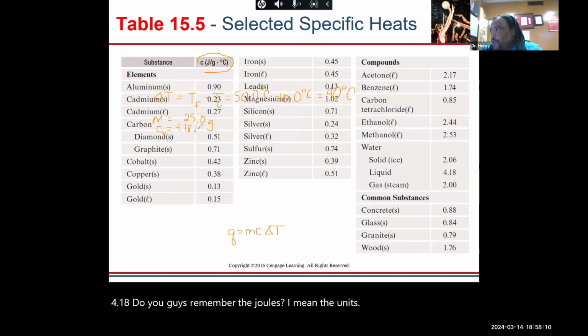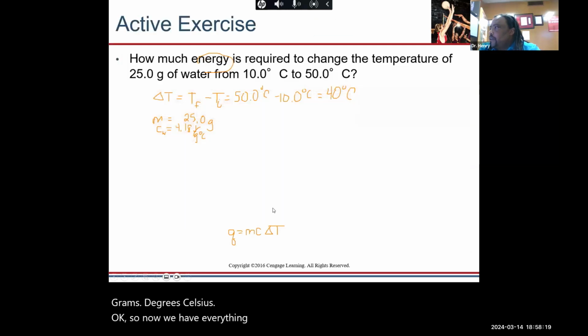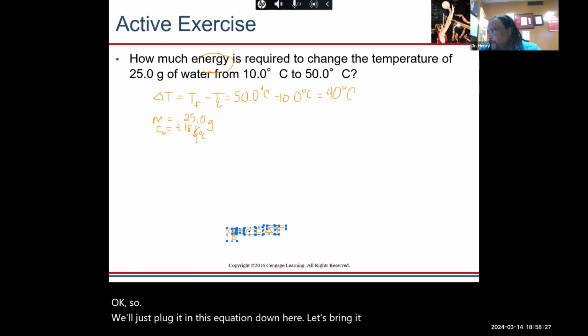Yep. Joules per gram degrees Celsius. Okay. So now we have everything that we need to do the calculation. So we'll just plug it into this equation down here. Let's bring it up. Flip it over.